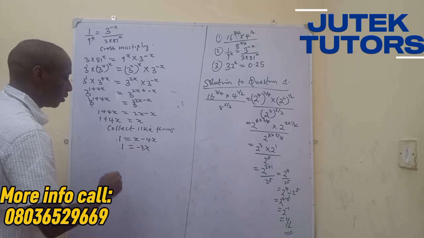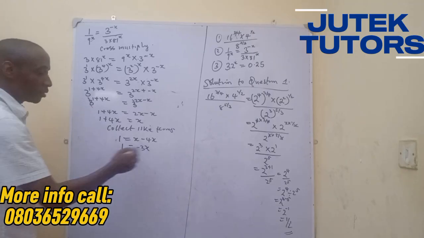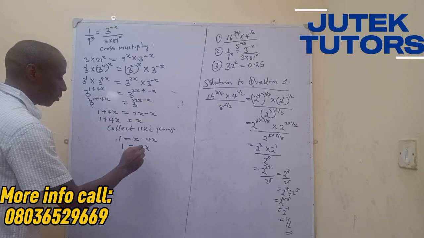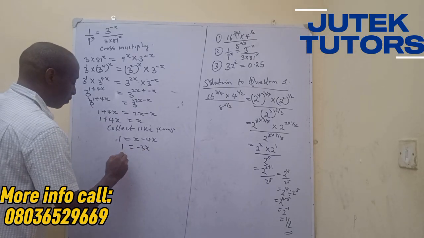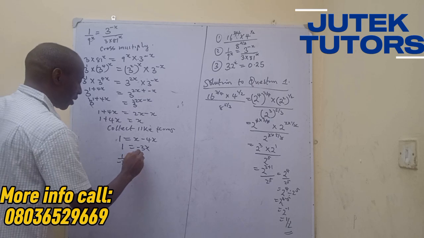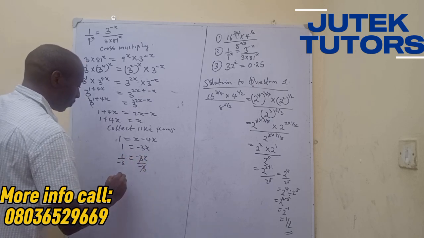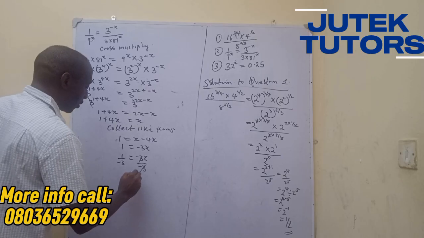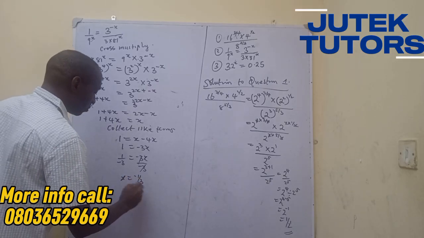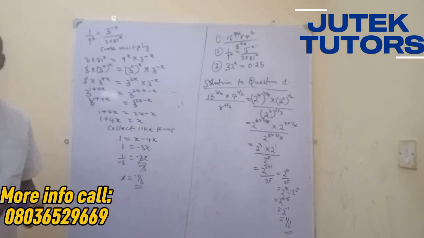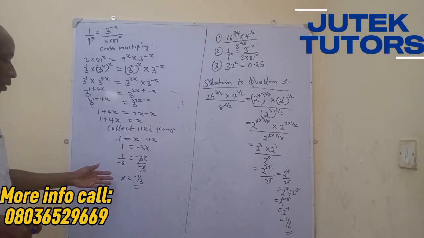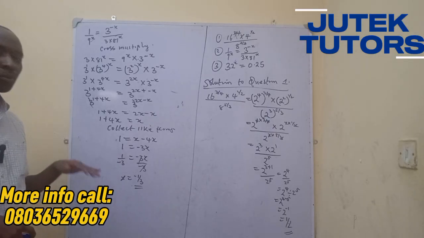Since we are looking for x, we divide both sides by minus 3. We have 1 over minus 3 equals minus 3x all over minus 3. This cancels this, so we have x equals minus 1 over 3. So that's what we have: x equals minus 1 over 3.